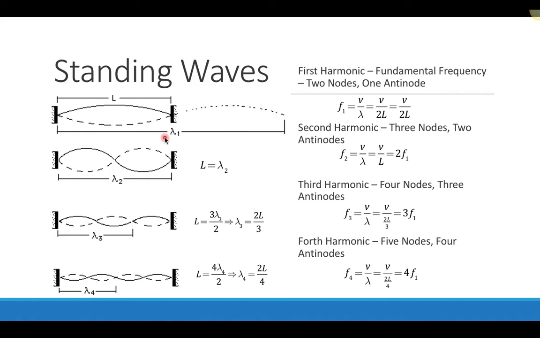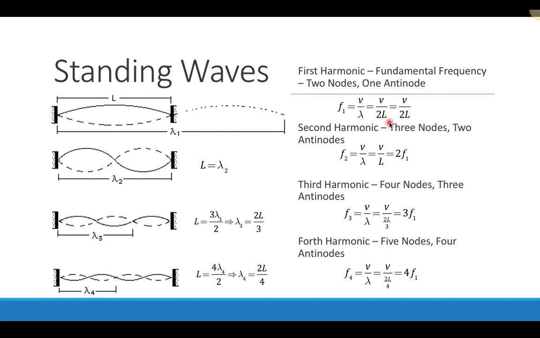Or another way we can say this is, one wavelength would be twice the length of the string. So for the fundamental frequency, I could figure out what frequency I would have to oscillate my string at based on how fast the wave could travel on that string and the length of the string.